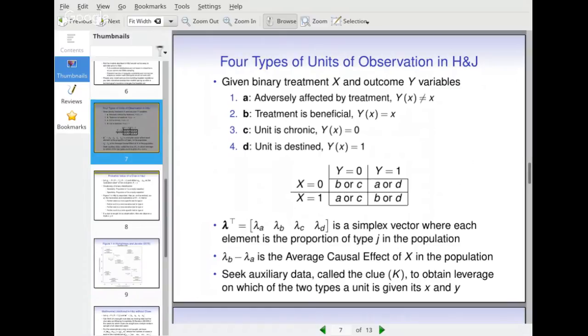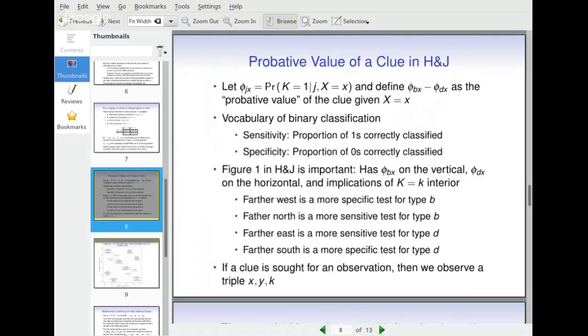We don't know whether the country is B or D, but we observe some clues, and that gives us some probative value of the clue for discriminating whether this country is probably type B or probably type D. So the difference between phi Bx and phi Dx is the probative value of the clue for that value of X in terms of discriminating type B from type D. In terms of classification, we can say sensitivity is the proportion of K equal 1s that are correctly classified, and specificity is the proportion of zeros on the K clue variable that are correctly classified.